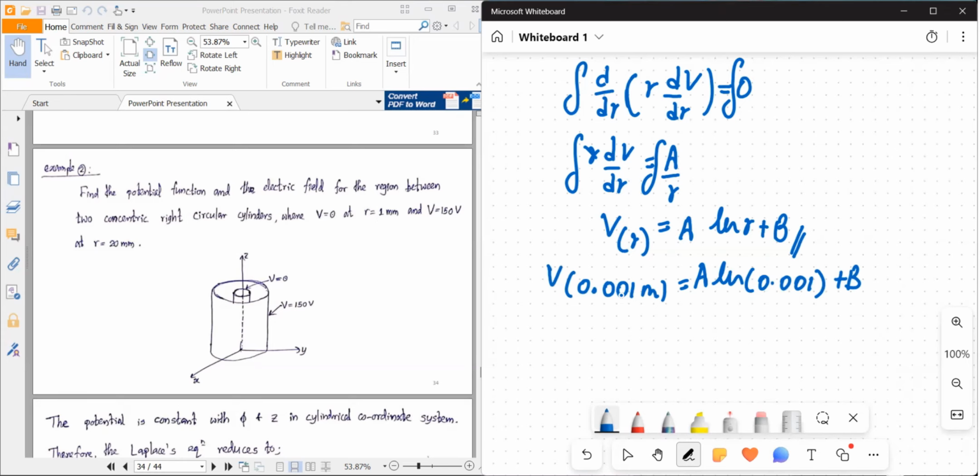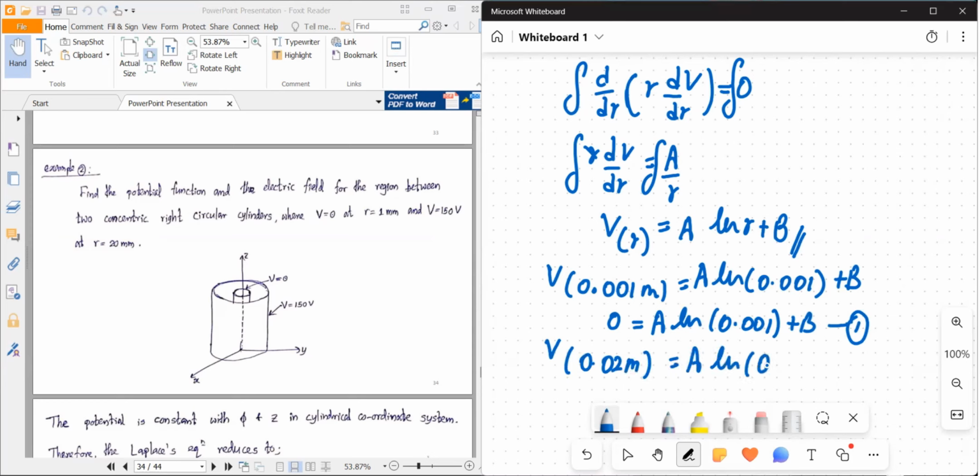So V at r equal to 1 millimeter is equal to A times ln 0.001 meters plus B. So the potential here, 0, is equal to A times ln 0.001 plus B. Then the second boundary condition, when r is 20 millimeters, 0.02 meters, V is equal to A times ln 0.02 plus B.